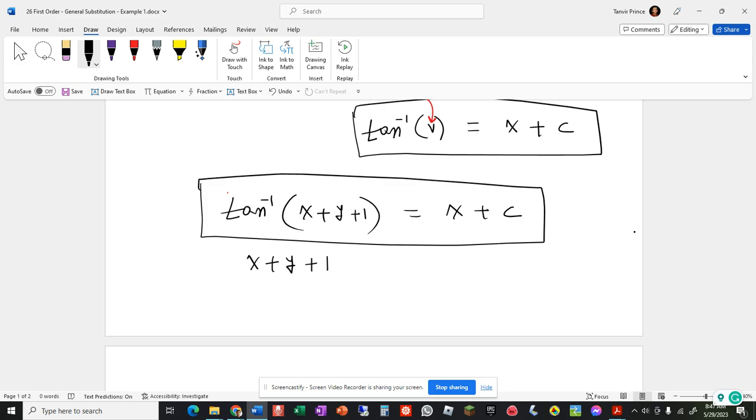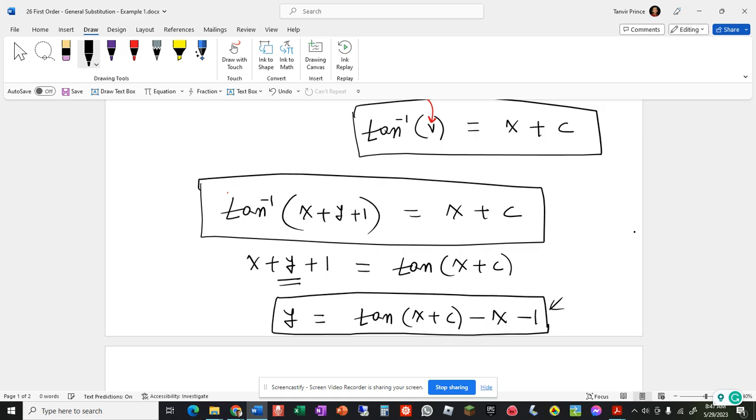On this side, you get tan of x plus c. Solving for y, you subtract x from both sides and you subtract 1 from both sides. So you end up with y equals tan of x plus c minus x minus 1.